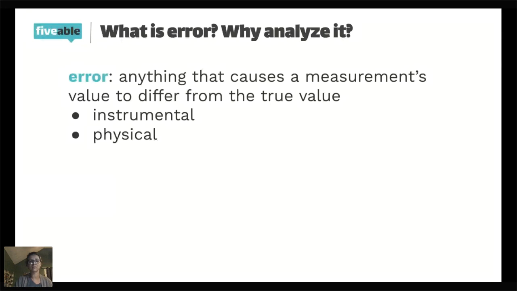You could have some sort of physical reason why you can't quite get the right measurement. And then operator error is a real thing. When you're reporting error in an experiment, or talking about sources of error, you should never just say it was user error or operator error. You should always try to be more specific and say what the user or operator did that caused the error, and be as specific as possible.